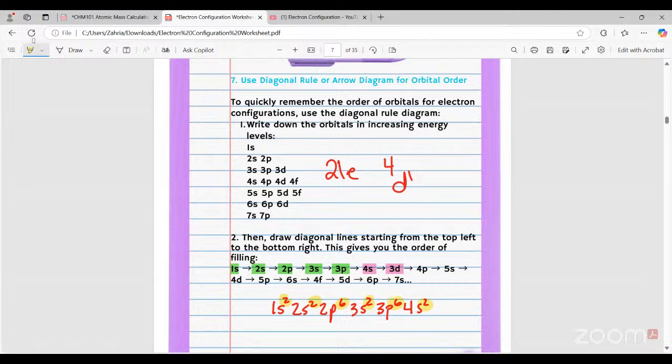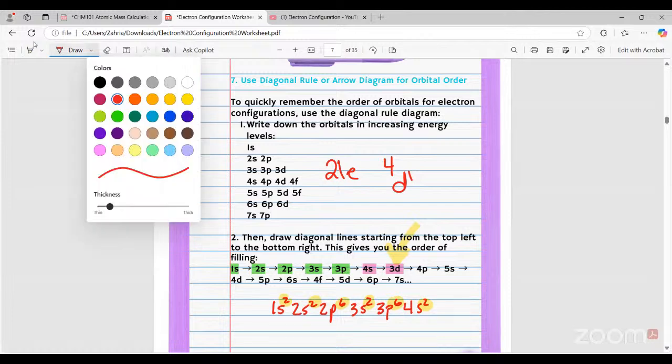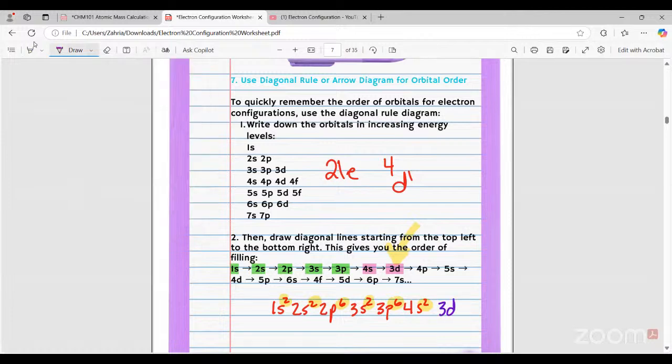The last thing we're going to write is 3d5 right there. Not 3d5, I'm sorry, 3d1. The last thing we're going to write is 3d1 because d1 was the last thing that we know that element is located in.